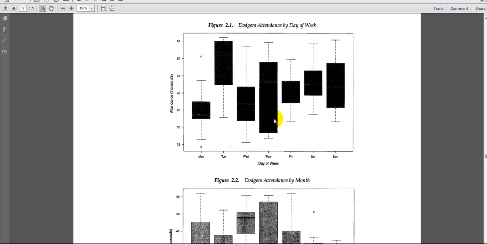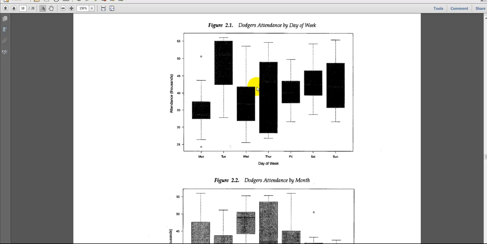So in this case, we might look for some other factor which determines why it would be low on Thursdays versus why it would be high. Is there anything we might look for? That's why these graphs can be interesting, because they lead us to other questions. Well, I wonder why this is so variable, or I wonder why this is so high. So we can see this and then we can ask questions. So that's the purpose of the exploratory graphics that he's doing here.